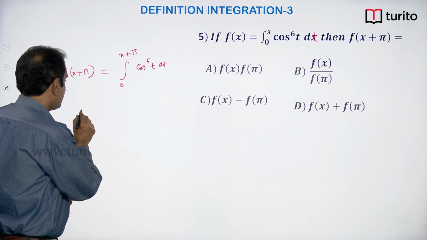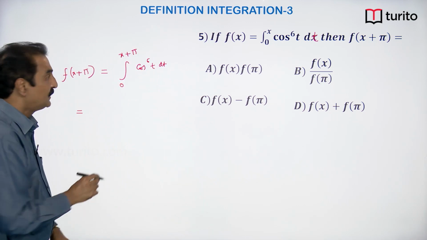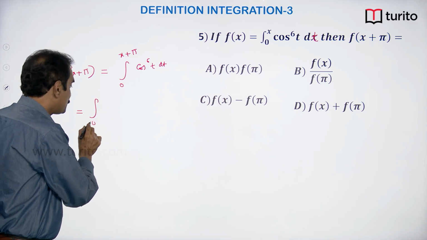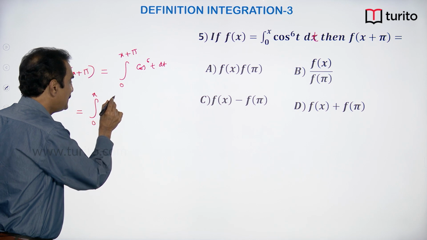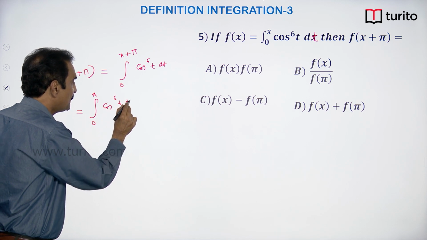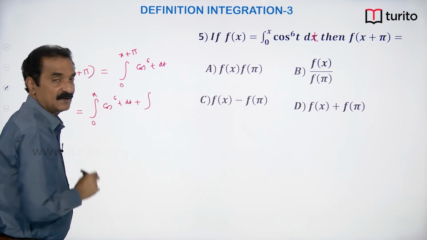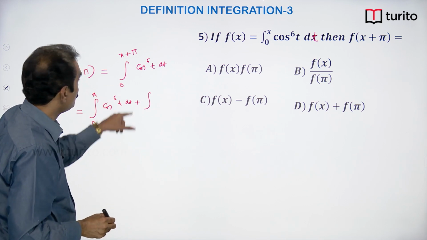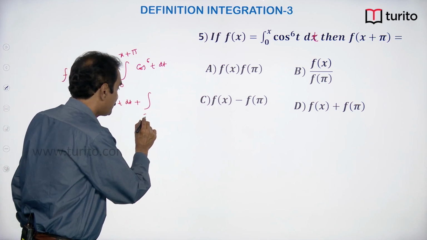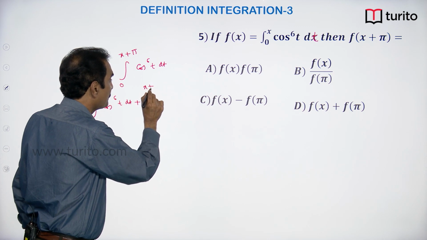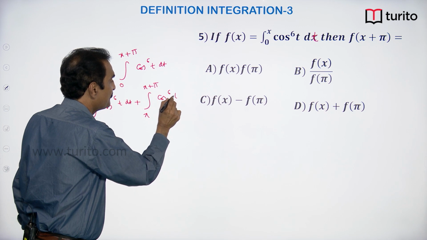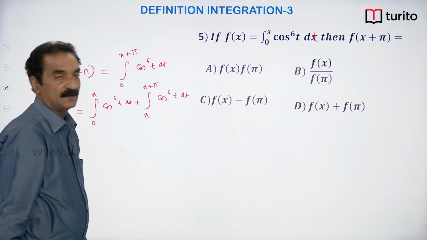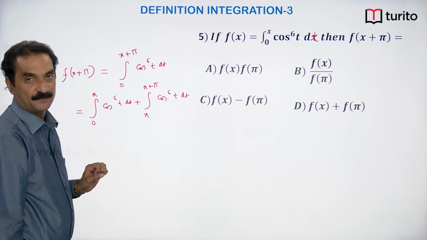So, let us write this as integral 0 to x cos power 6t dt plus integral x to x plus pi cos power 6t dt. Now, this is f of x.